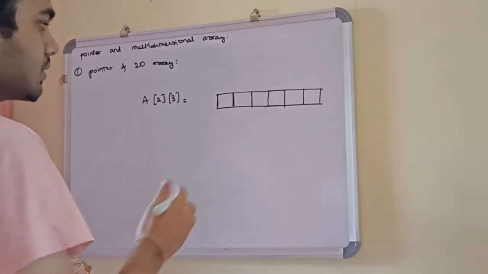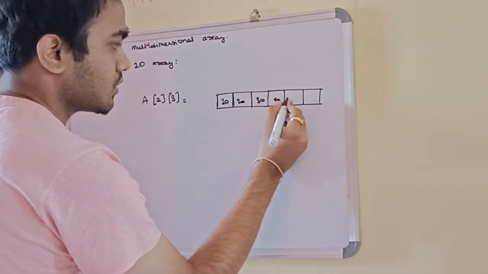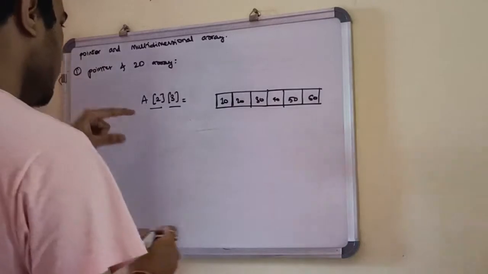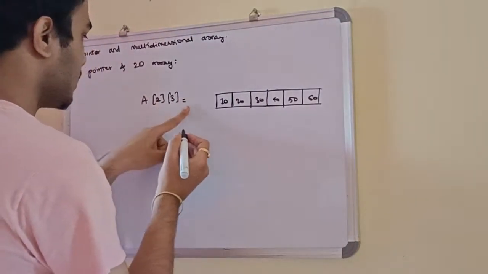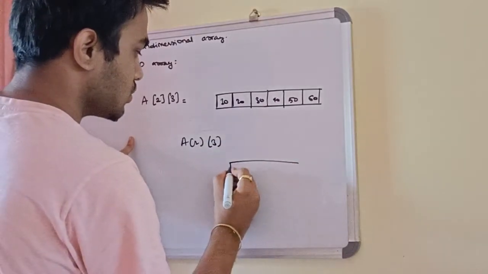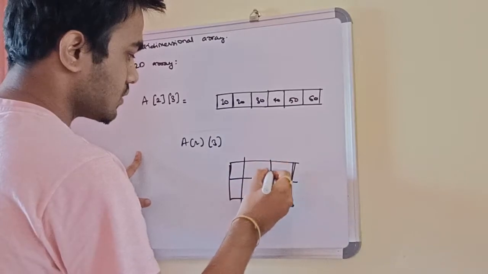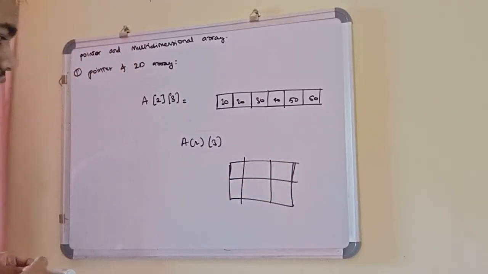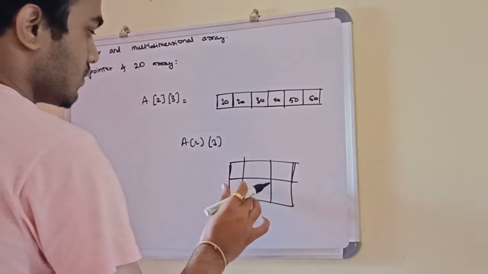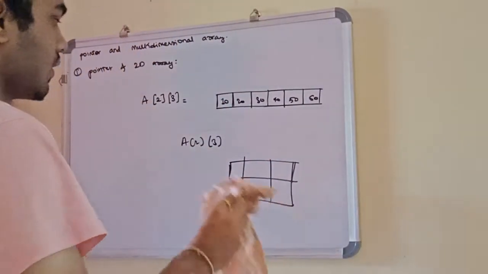Let's say the elements are like this, 30, 40, 50, 60. Usually we write the two-dimensional a of 2 3, that means there are two rows, each of size 3, that is 3 columns. So this is how we represent it. But actually in the memory, it is stored in a continuous manner.